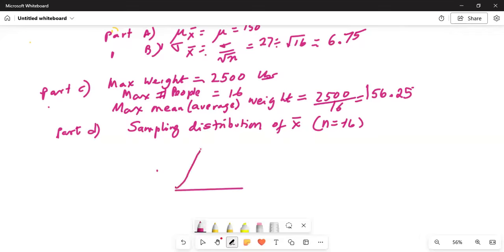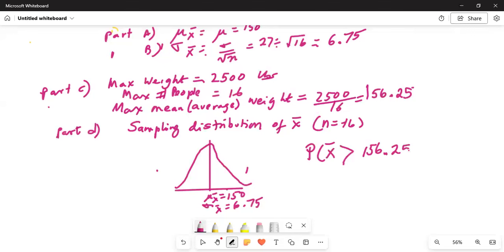Here is the mean, where the peak is. This value is mu x bar, which we have already determined is equal to 150, and sigma x bar equal to 6.75.